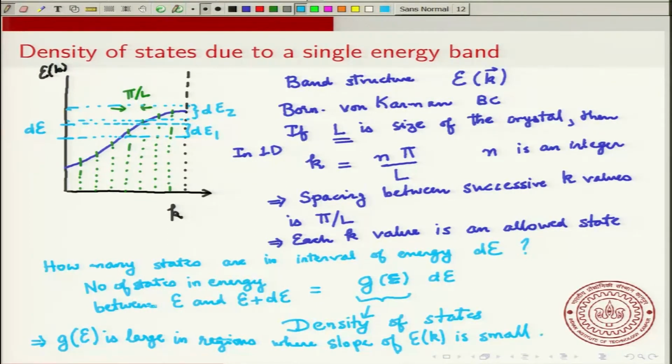Okay. So this is a very important idea, that when the band structure is flat, the flat regions of the band will have a lot higher density of states than the regions where there is a lot of variation.